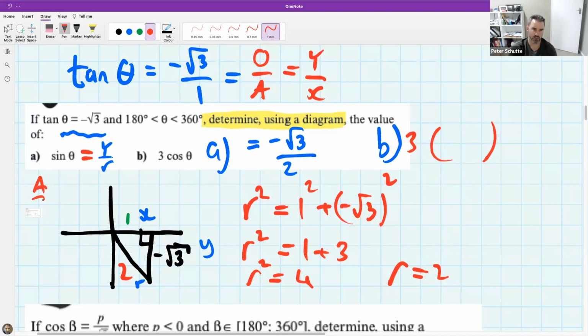So A over H or X over R. Now X would be 1 and R would be 2. So 3 times a half, or 3 over 1 times a half, is just going to be 3 over 2. Because cos is X over R in this particular drawing over here.